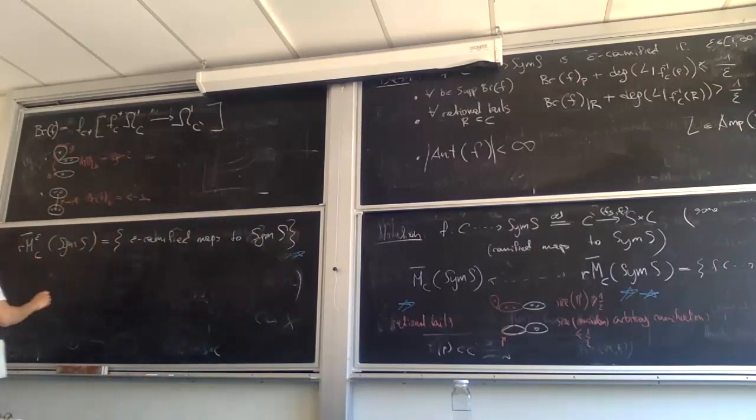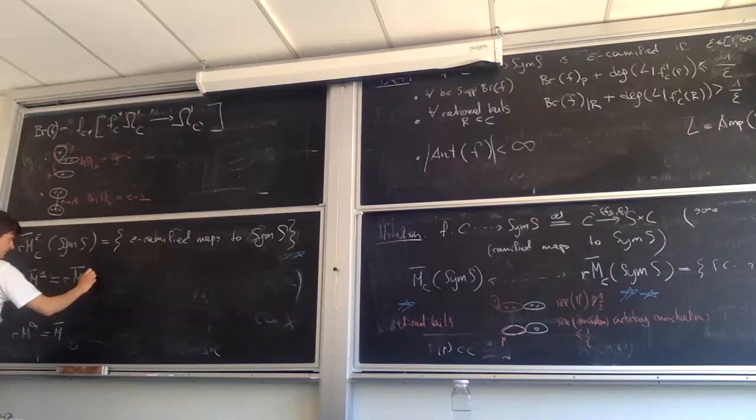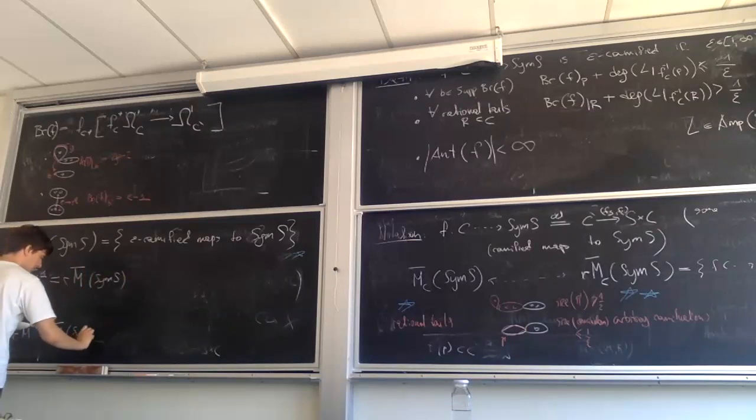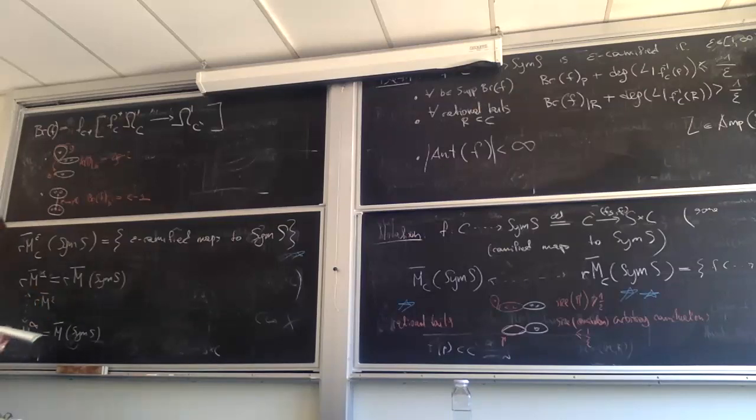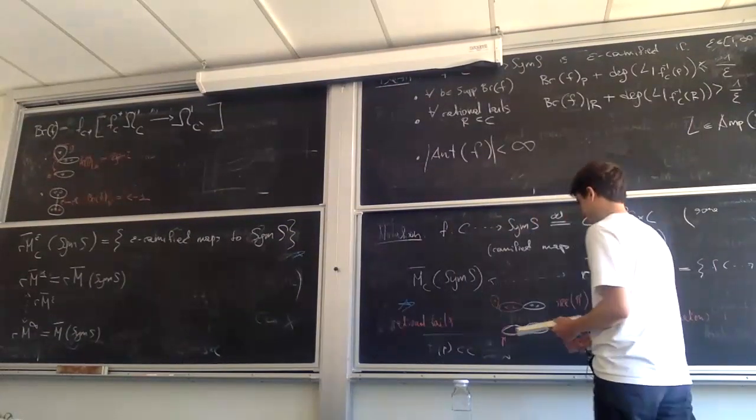And so you can check again by definition that if you take epsilon 1, this is equal to these ramified maps, and then if you take epsilon infinity, this will be unramified maps. And then in between, you have this epsilon ramification that interpolates. Okay.